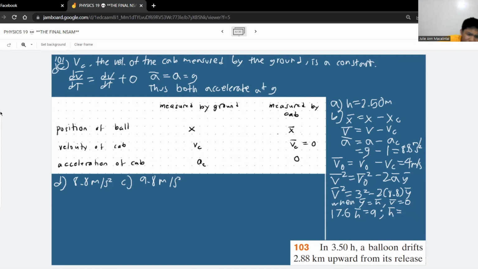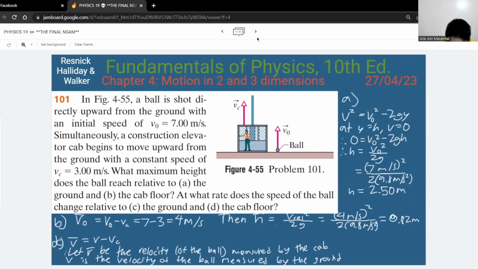Wait. Why is it so short? Siyempre, nag-accelerate, di ba umibilis yung ano? So if we compare that yung pag constant velocity, yung lumabas kanina? Pag constant velocity, h bar is 0.82.